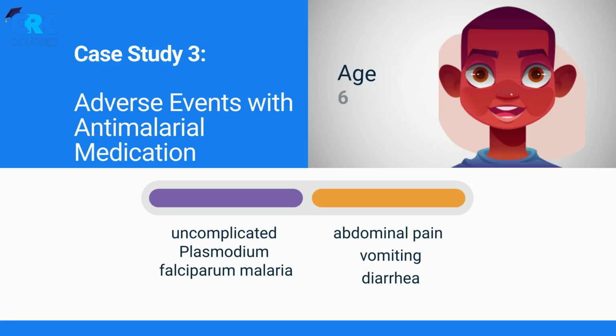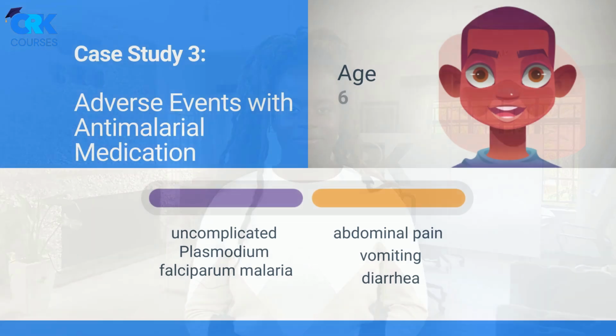The healthcare provider suspects a potential adverse reaction to the antimalarial medication and documents the symptoms. The child is provided with supportive care, and the AE is reported through the pharmacovigilance system. The report contributes to monitoring the safety of antimalarial medications and may prompt further investigation.